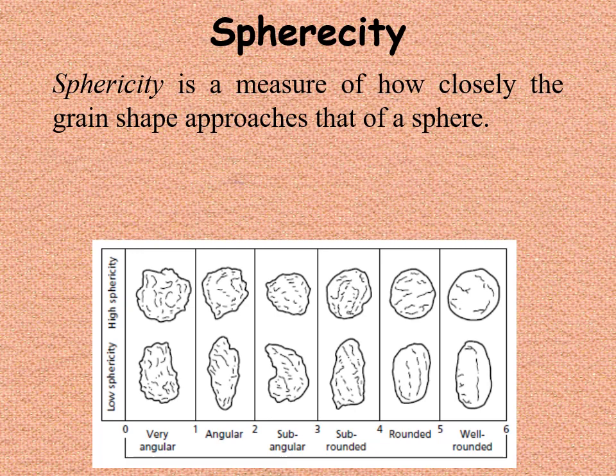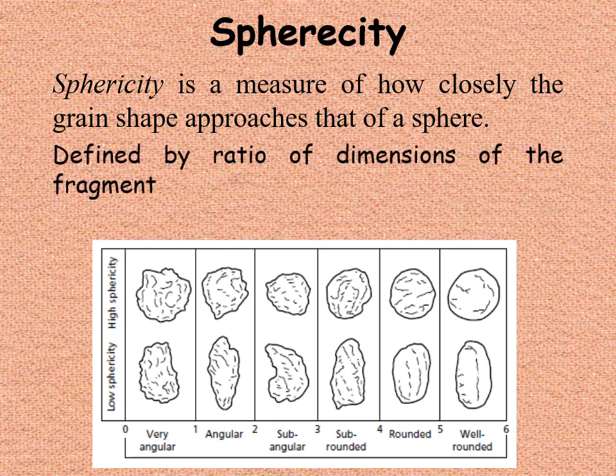Now here comes a three-dimensional property for which you have to see the three axes of a grain. Sphericity is basically a measure of how close a sedimentary grain is to a perfect sphere, like a cricket ball or a football. So sphericity is closeness to a sphere, not a circle.